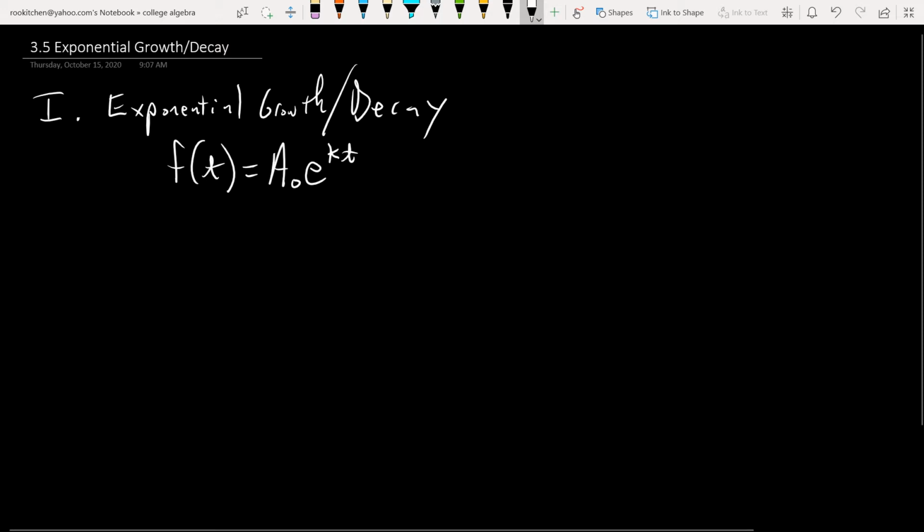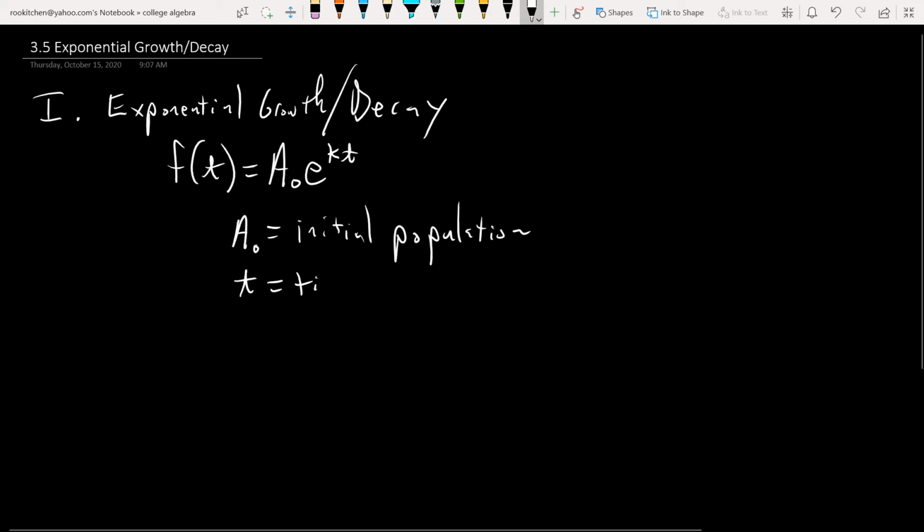Okay, the a sub 0 is your starting population, the initial population, and you can always get that just mechanically by plugging in 0 for t. So t is going to be thought of as time.